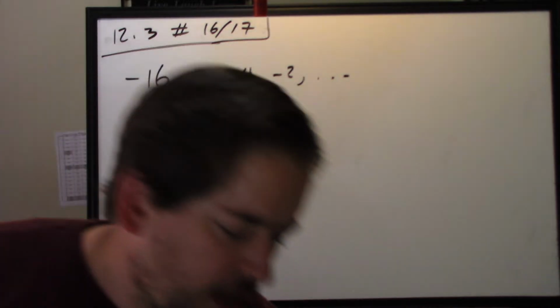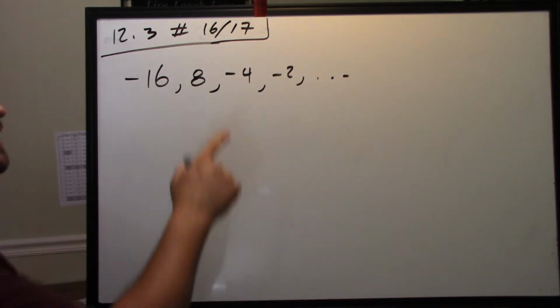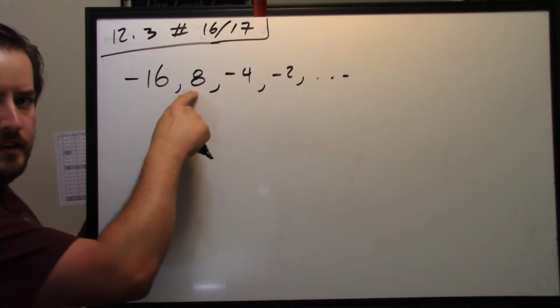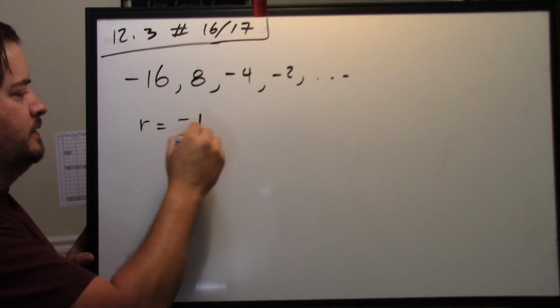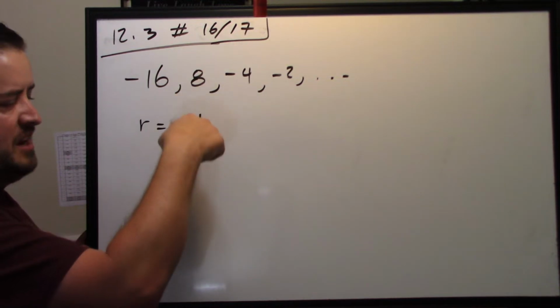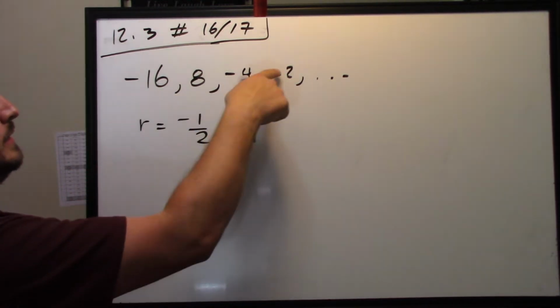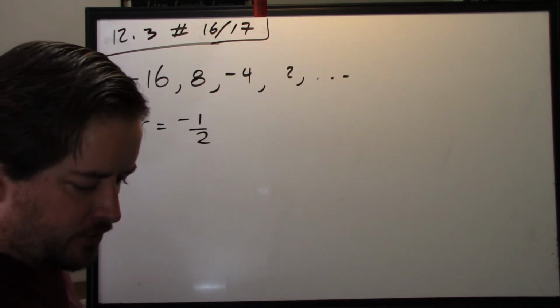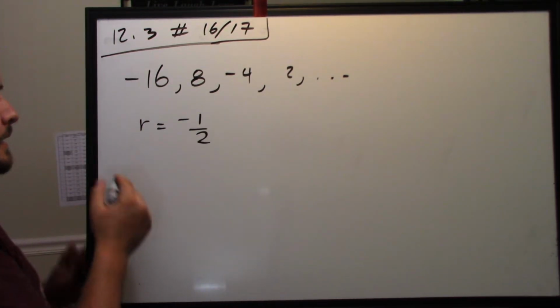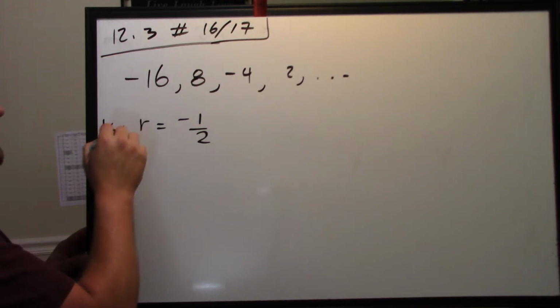And it's the same type of question. 16 asks for the common ratio. So you can take any of these. 8 divided by -16, that's -1/2. -4 divided by 8, -1/2. 2 divided by -4, that's -1/2, right? And so that's the answer, I think, to 16.